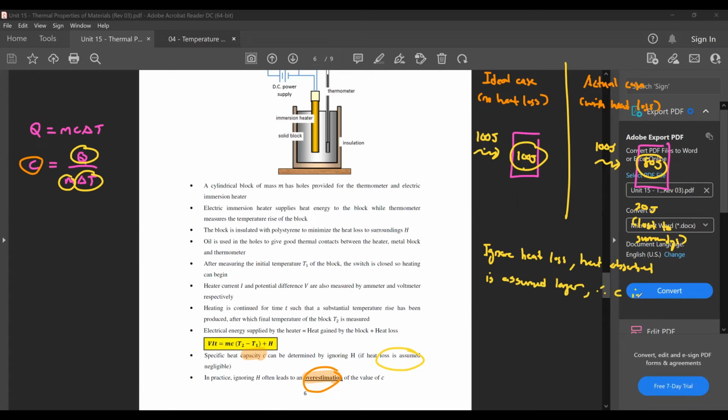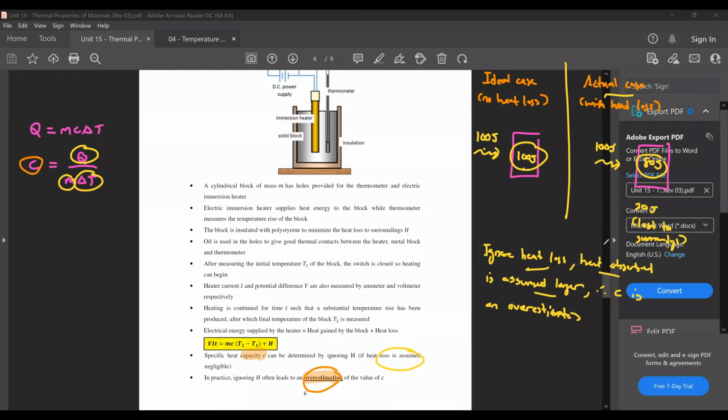Therefore, C is an overestimate. Because in the actual case, you supply 100 joules, your block is actually just taking 80 joules, and the 20 joules is lost. But when you ignore heat loss, you assume this is not present. That would mean that whatever energy is supplied by your heater is fully absorbed by your block. So your heat absorbed is assumed to be larger. Therefore, your C will be an overestimate.